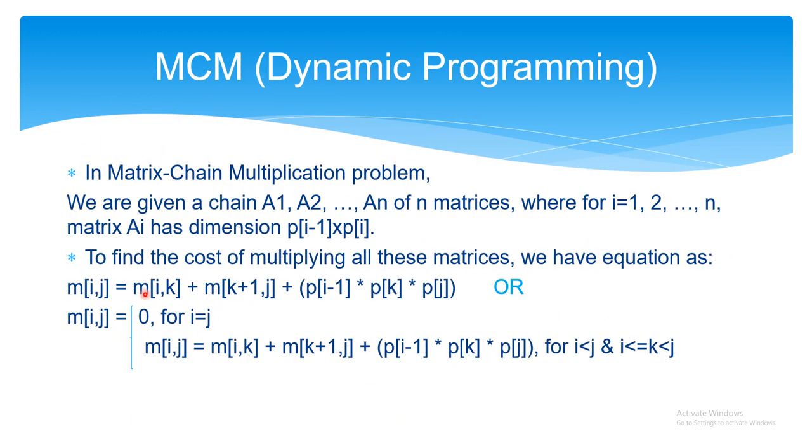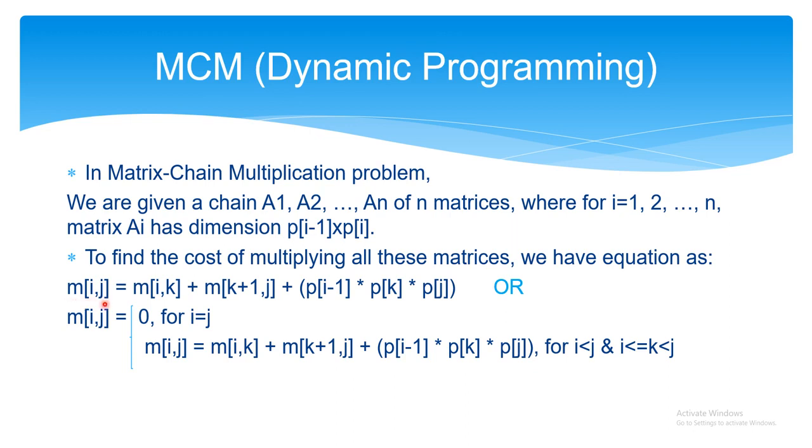Now if you have to perform matrix chain multiplication, there are two things you have to find out. The first is an M table. The second is an H table, and you require to remember this equation. This equation will help you solve matrix chain multiplication problems very easily.